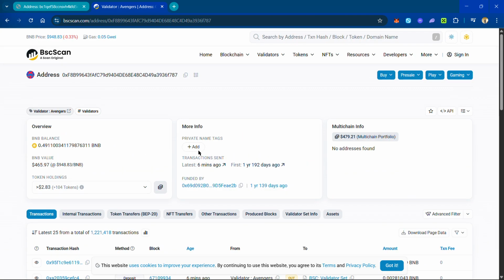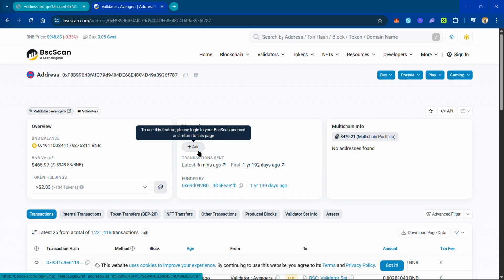Whatever BSC address I copy, whether it is that of Iwelo, that of Donald Trump, or that of Tinubu, that of Satoshi Nakamoto, as far as the person is transacting on the BSC network, if I paste the person's address here, I can see whatever the person is doing.